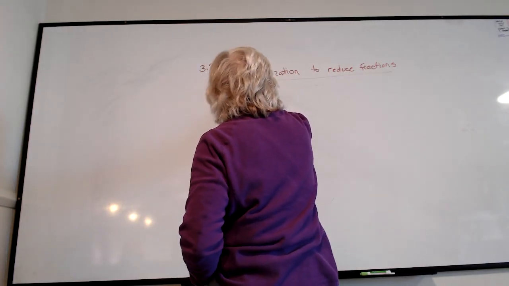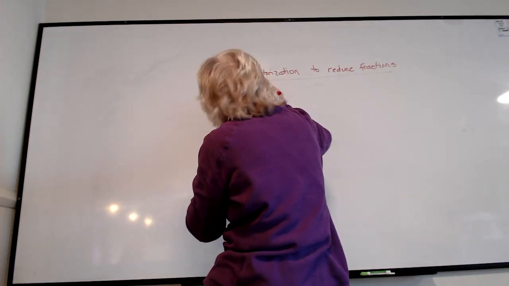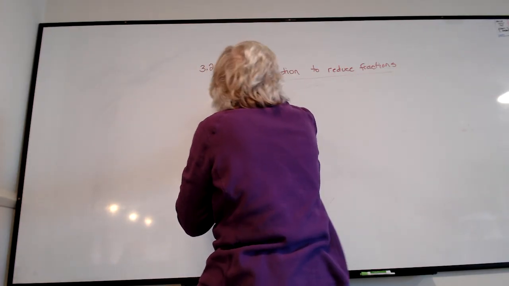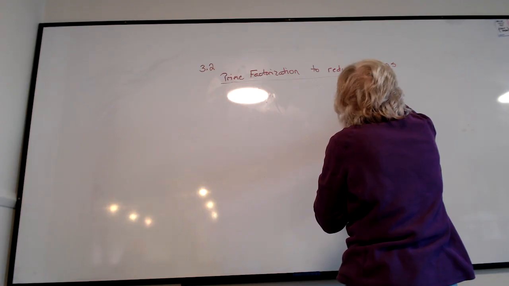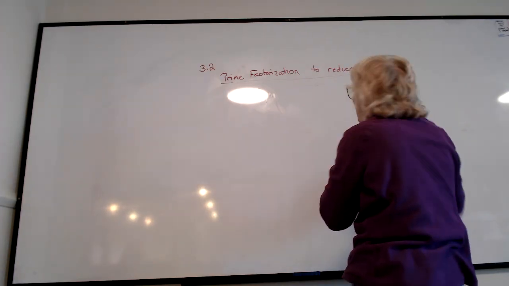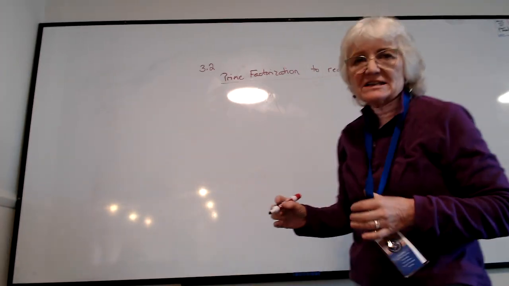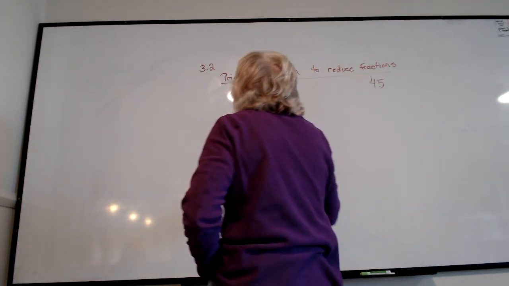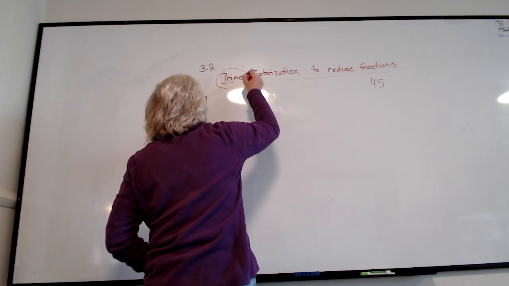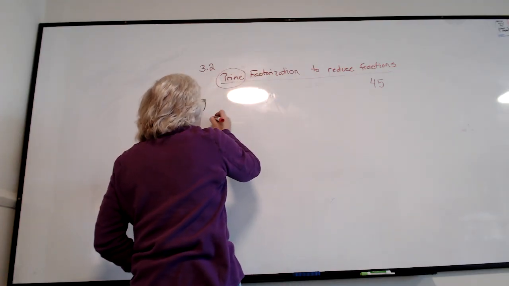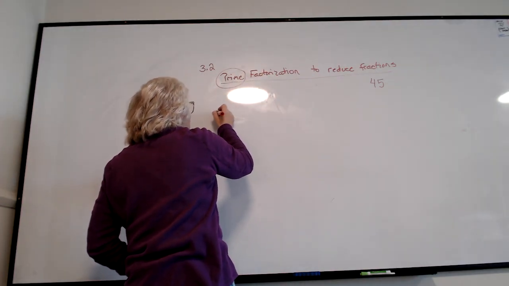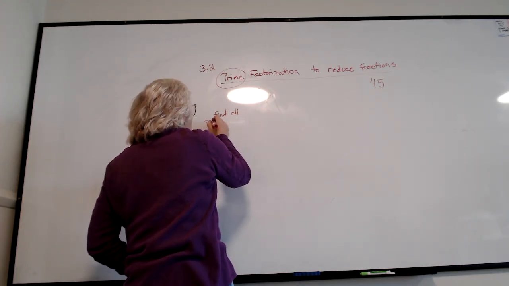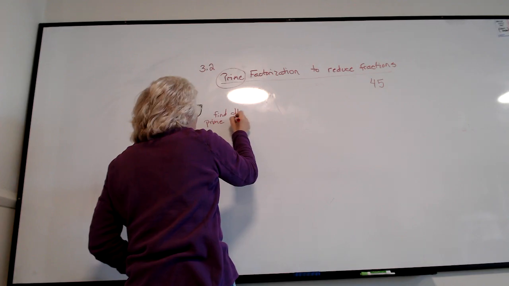Let's say I have, excuse me, let's just start with the number 60, and I have the number 45. Okay, to do a prime factorization is to break it down into all prime numbers. Because it says prime, we are factoring, and you're going to find all prime numbers.